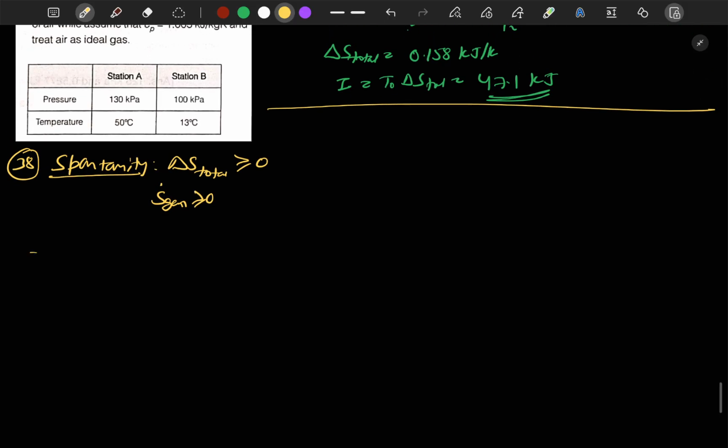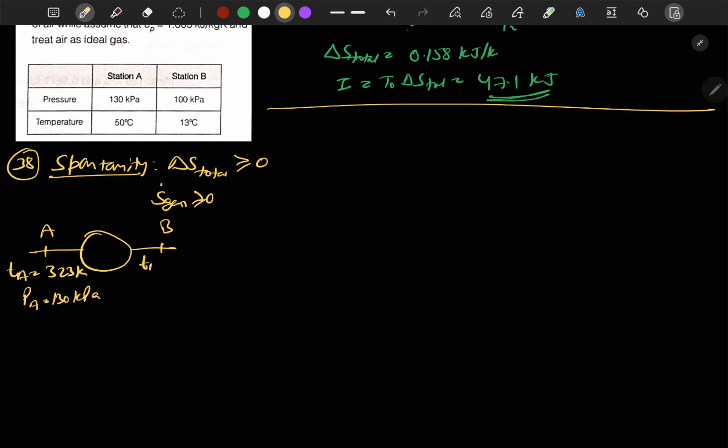Let's say this is our system. This is state A, this is state B. Ta is equal to 50 degrees Celsius, which is 323 Kelvin, and Pa is given as 130 kilopascal.